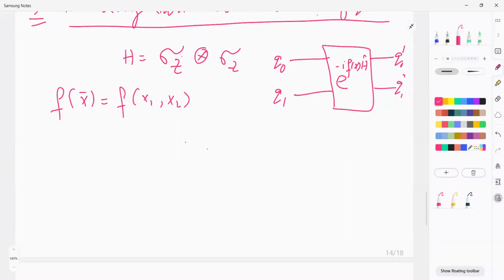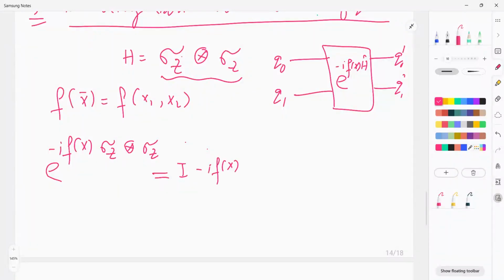Now, to work out the circuit for this, I have to work out what minus iota f of x sigma z tensor sigma z is. So I can expand it in a Taylor series just as we did for sigma z: identity, minus iota f of x sigma z tensor sigma z, plus half of minus iota f sigma z tensor sigma z squared.